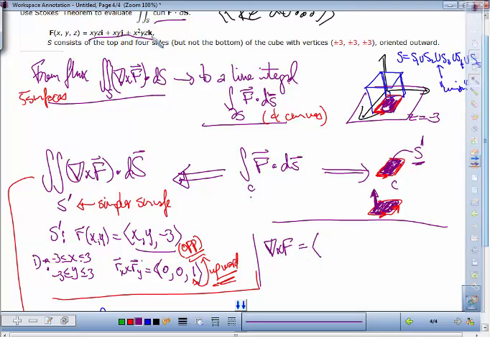With respect to y, that's x squared z minus, with respect to z, is 0. With respect to this, this is a negative. The last one with respect to x is 2xyz minus the first one with respect to z, which is yz.